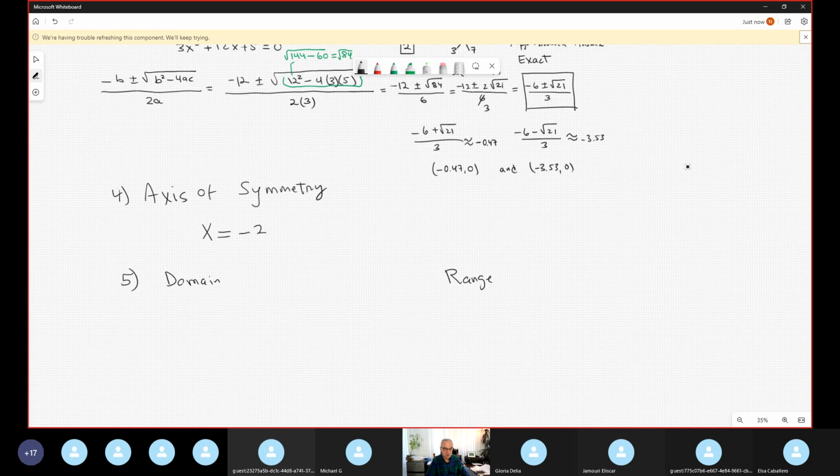The parabola is a curve like that, or like that. Open in both directions. So looking at the x-axis, the parabola is infinite in both directions. Therefore, the domain always is from negative infinity to positive infinity.